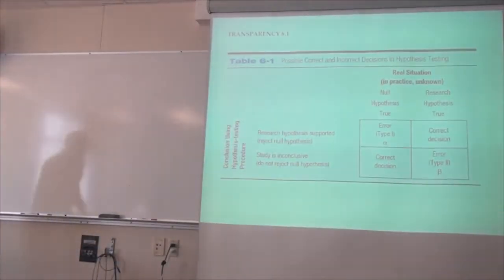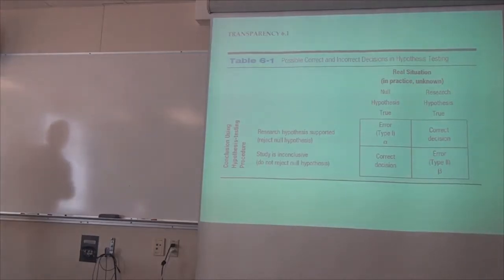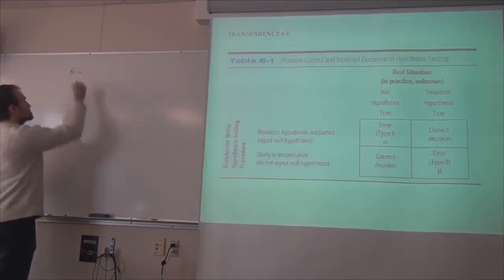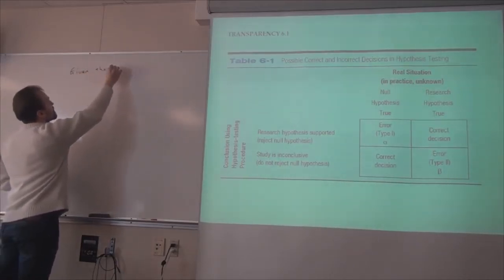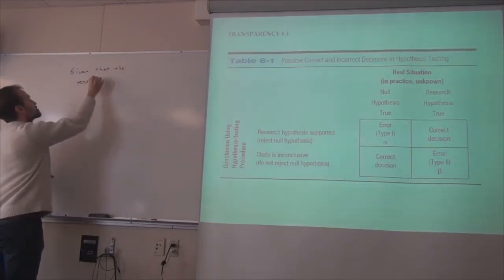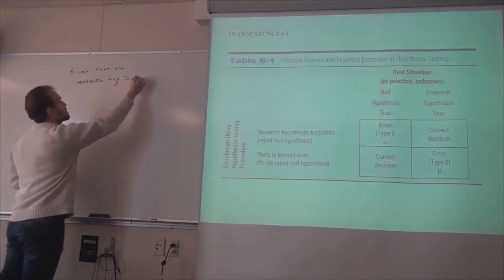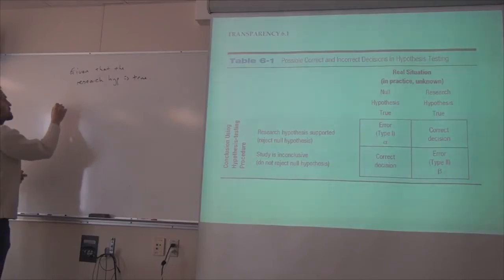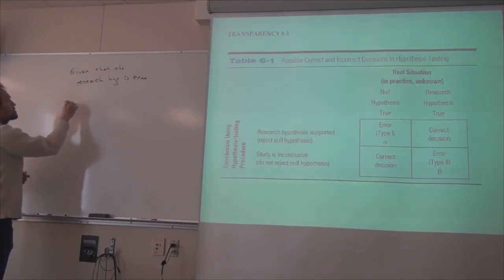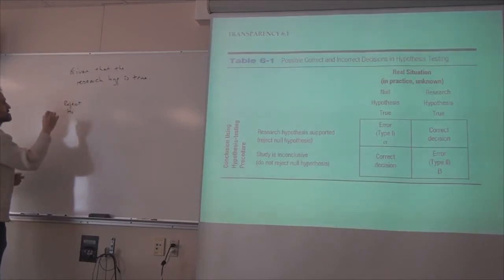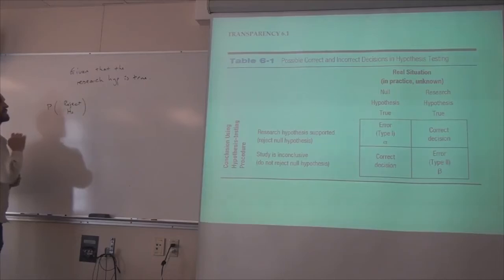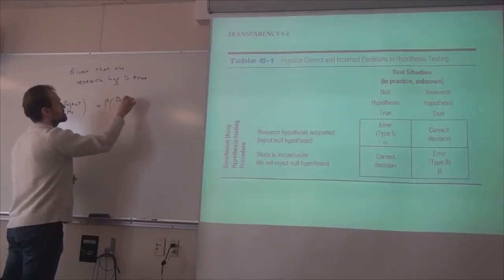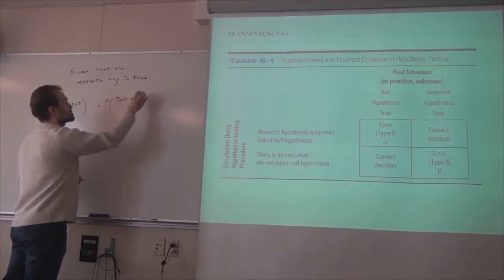So let me put it this way. Given that the research hypothesis is true, I could either reject the null hypothesis, and the probability of that, plus the probability that I don't reject the null hypothesis.